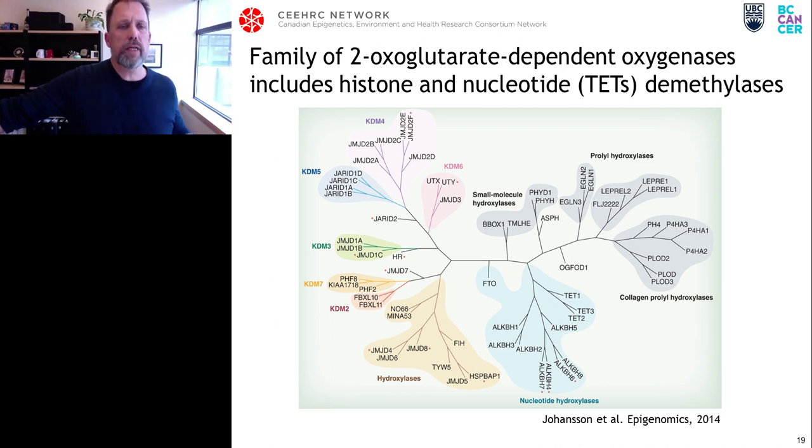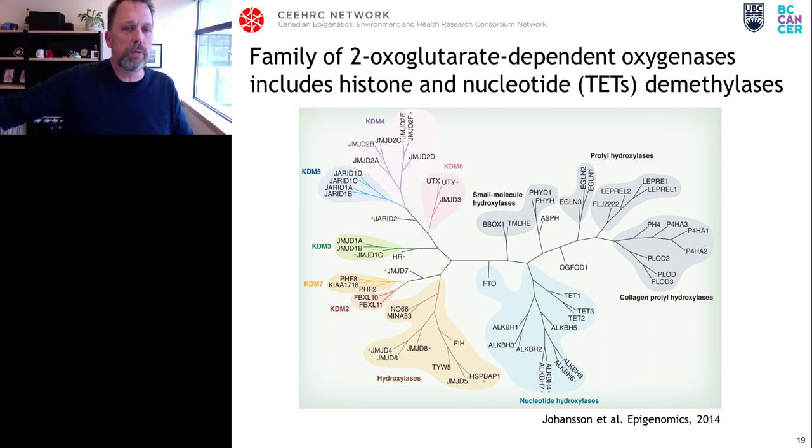Okay, so the TET enzymes, as I just introduced, are actually part of a family of 2-oxoglutarate-dependent dioxygenases. I'm showing in this slide a phylogeny, or a dendrogram, of the 2-oxoglutarate-dependent dioxygenases.